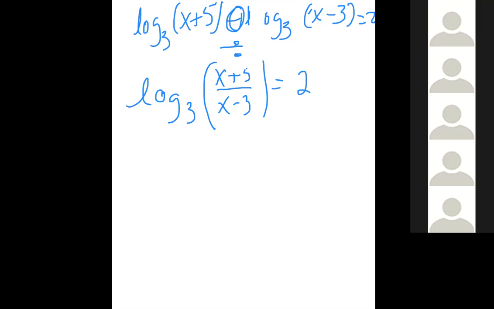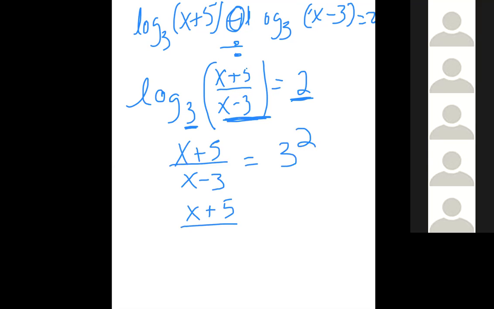So I'm going to convert this to an exponential equation next. When I convert this, this is my base, that's my power, this is the answer. So I'm going to get x plus 5 over x minus 3 is equal to 3 to the second. So x plus 5 over x minus 3 equals 9.